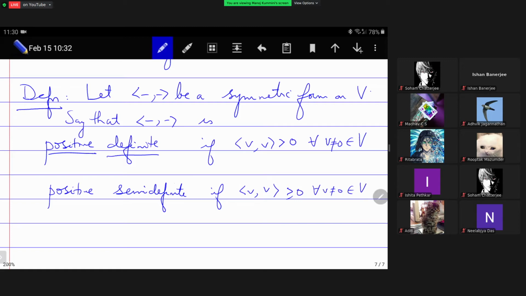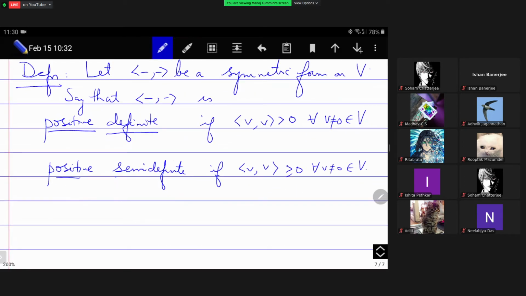Anyway, if we put in 0 by linearity, we would get this. Similarly, we can talk about negative definite and negative semi-definite.